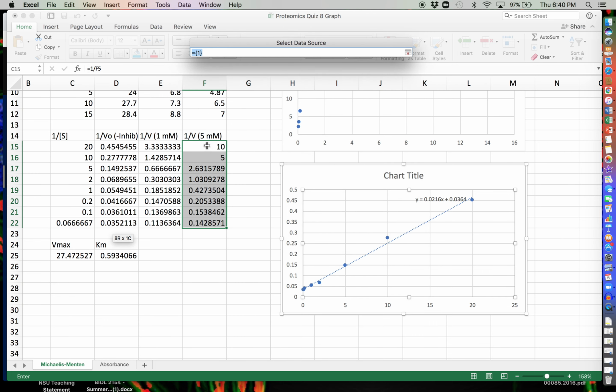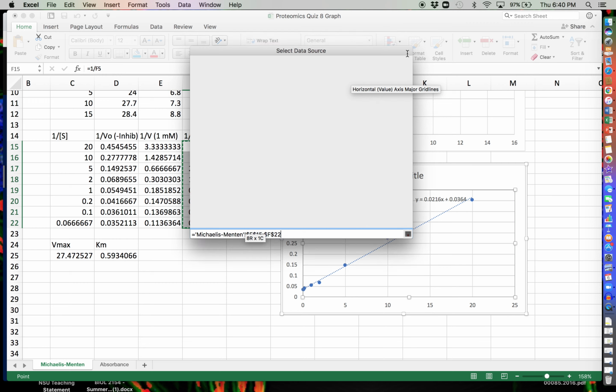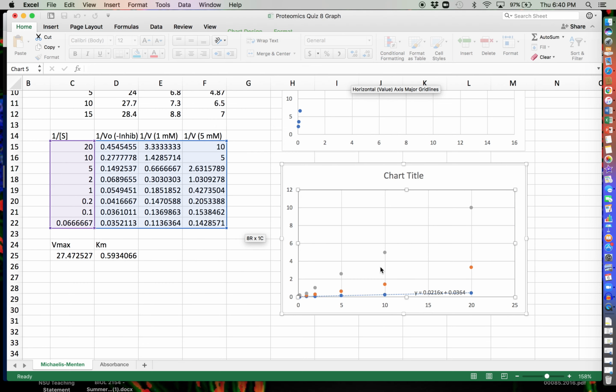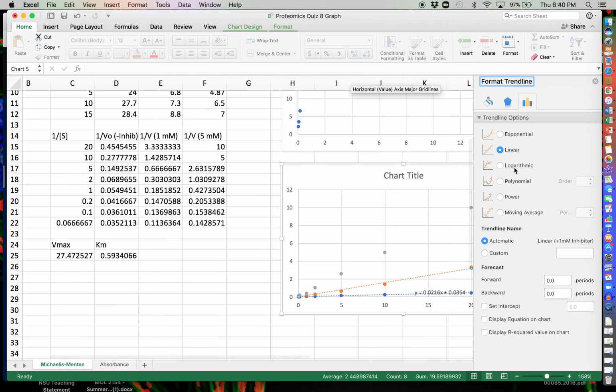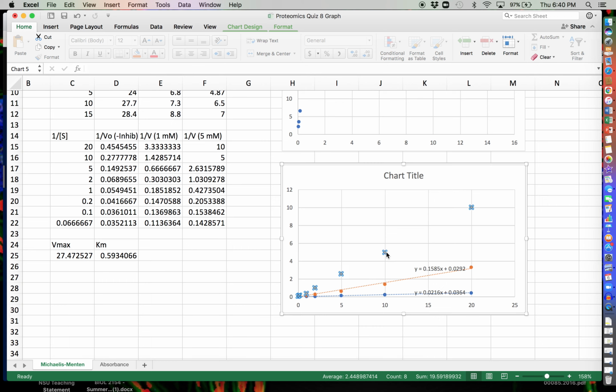And then the Y values, I want these right here. Okay. There we go. Okay, so let me go ahead and create trend lines for these. I want the equations as well. Okay, there we go. So there's that one, and then let's get this one right here.